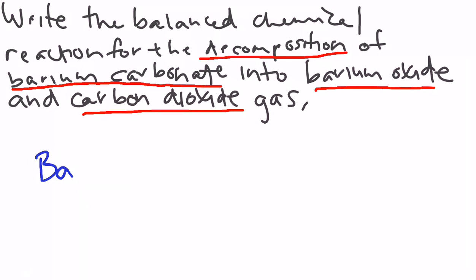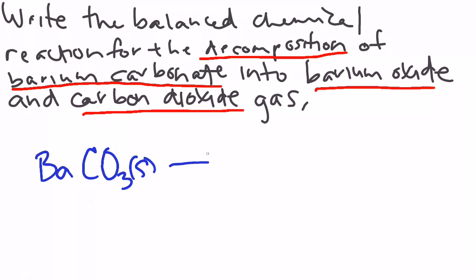Carbonate is a polyatomic ion that I asked you to remember, and it has a 2- charge. Since we have a 2+ charge and a 2- charge, they combine in a 1-to-1 ratio. This is an ionic compound, so for now, write those as solids unless you're in water.